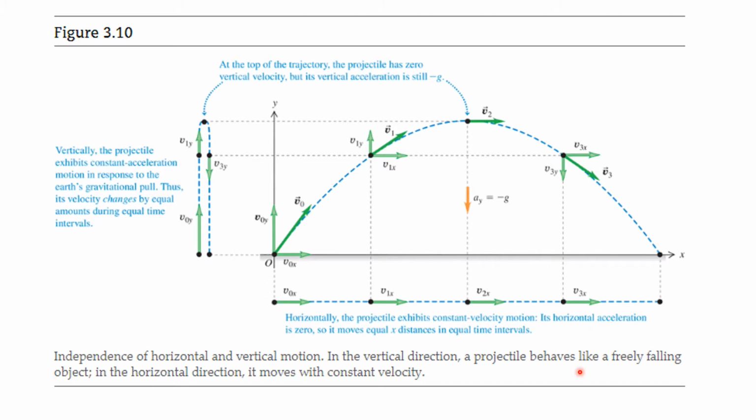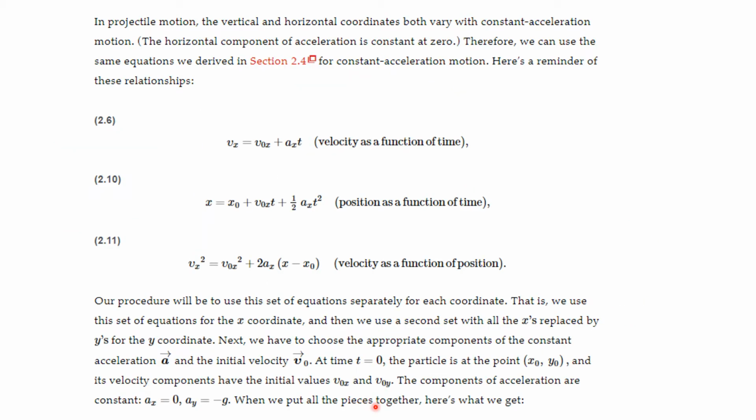So again, the horizontal and vertical motions are independent. In the vertical direction, a projectile behaves like a free-falling object. In the horizontal direction, it moves with a constant velocity, no acceleration. Now we use the same equations that we used before, but we use them in each direction.